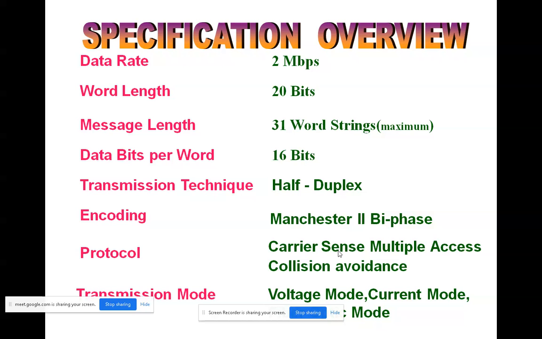Duplex is two-way communication: you can send as well as receive the data, but at a different time. Full duplex means at the same time you can transmit as well as receive, but in half duplex you can only send at one time. You cannot send and receive at the same time. You can do the process at different times.